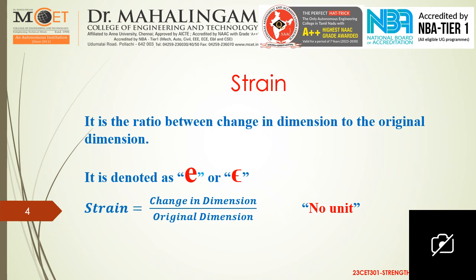So strain can be defined as the ratio between change in dimension to the original dimension, and it is denoted in some cases as small e or epsilon. Since the numerator and denominator are both dimensions and the units get cancelled, always keep it in your mind, strain doesn't have any unit.